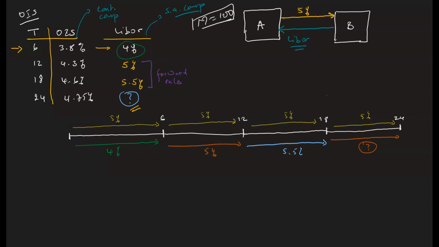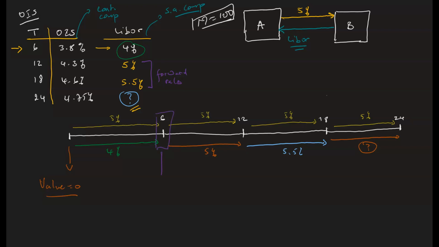All right, and you remember how we find the value of a swap. If we know that the value of a swap here is equal to 0, it simply means that the present value of all the cash flows that I receive is 0.